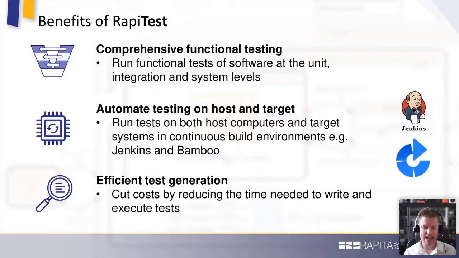We focus heavily on the automation side of things because this is the way we can really deliver the value in terms of making testing easier and more efficient. For example, we can integrate with continuous integration environments, build environments. We have specific plugins for both Jenkins and Bamboo that let you view your test results and the history of test results and test trends right on the main dashboard.